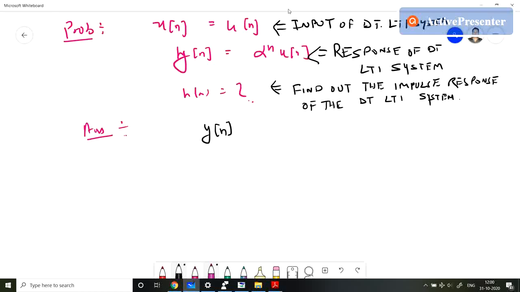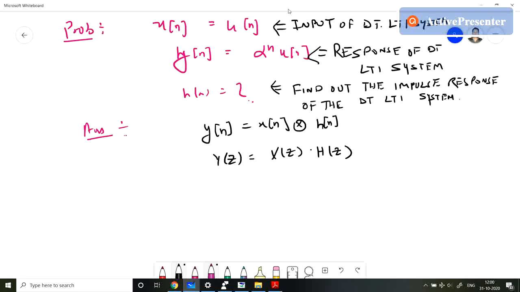So y[n] is equal to x[n] convolution with h[n]. Then Y(z) is equal to X(z) multiplied by H(z), because convolution in time domain is equal to multiplication in z domain.